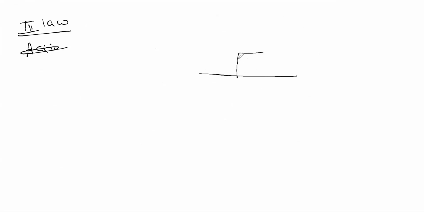Now, what does Newton's third law state? Every action has an equal and opposite reaction. Suppose there is a body of mass m. There are two forces: first, mg, the gravitational force acting downwards, and the normal force acting upwards.